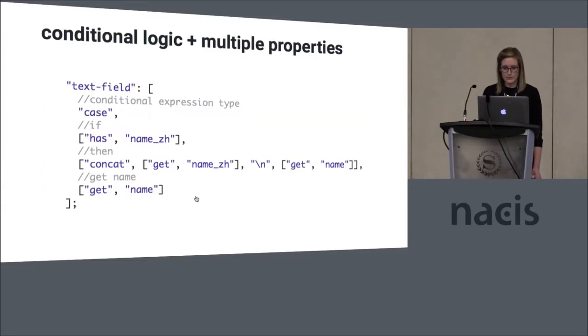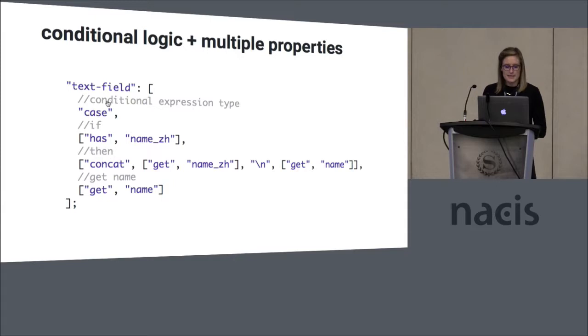So how do you use them? Here's an example of an expression that uses conditional logic and multiple properties. This is a real example from the work that our cartography team is doing to convert our core styles to use expressions.